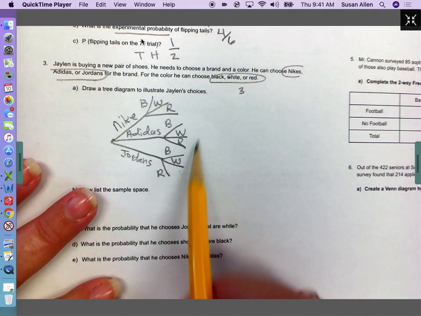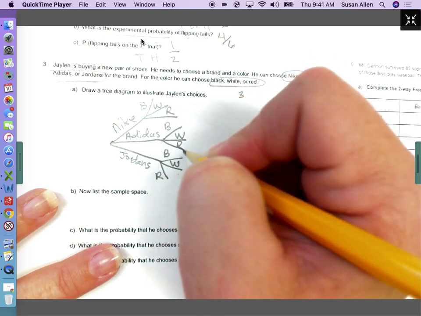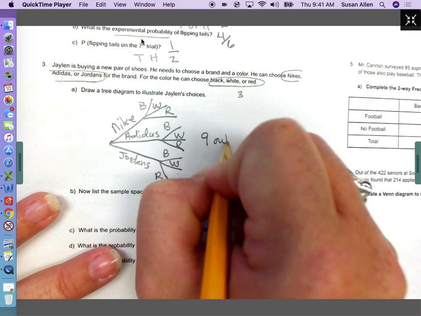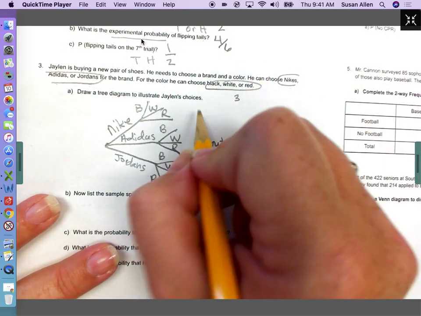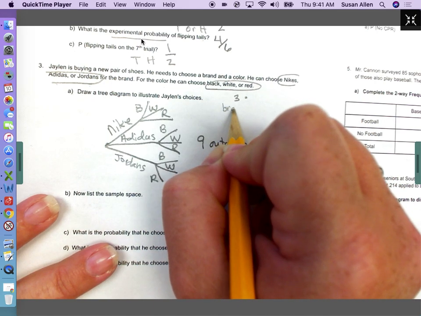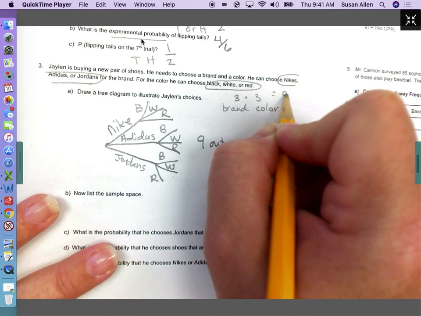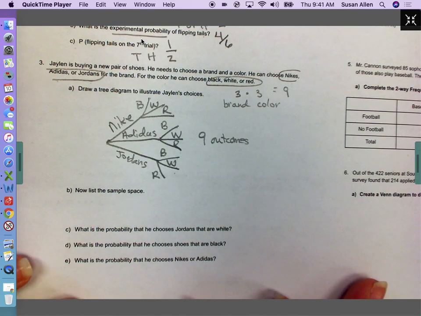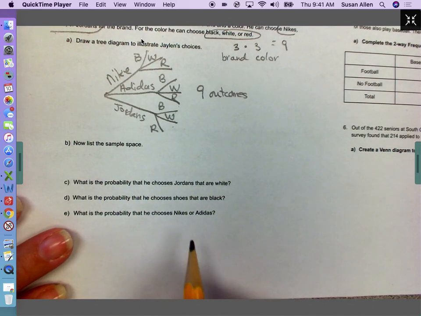If you count the number of leaves on the edge, 1, 2, 3, 4, 5, 6, 7, 8, 9, that represents that there are 9 possible outcomes. Or if up here you multiply the 3 choices he has for brand times the 3 choices he has for color, you would also see that he has 9 possible outcomes. That is very important for Part B, which is going to ask you to list the sample space.